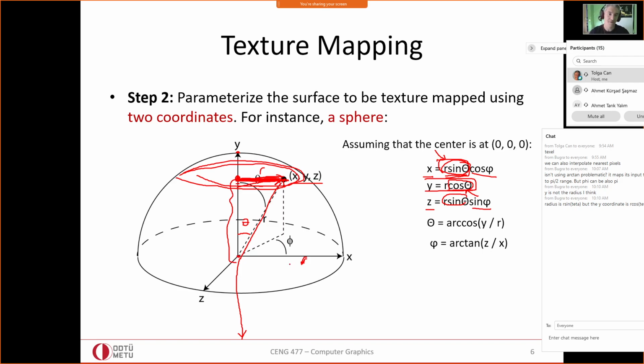Therefore, when theta is 90 degrees, cos 90 will be 0, and it tells you that your y coordinate is 0. You're right at the equator. And when theta is equal to 0, your y coordinate will be equal to r. You will be r distance from the equator. Okay, thank you for that correction.